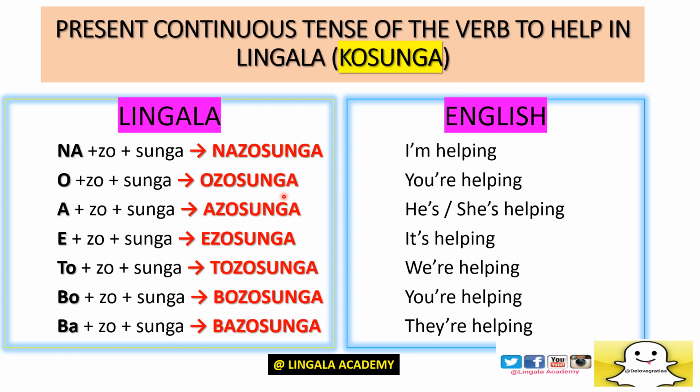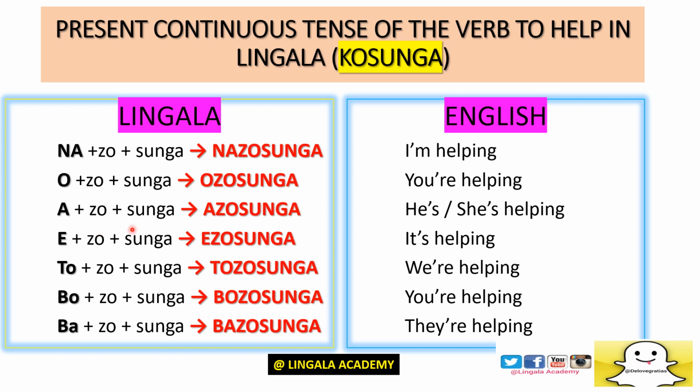Nazo sunga means I'm helping. Ozo sunga. O is you, zo is the verb to be, and sunga is the imperative form of the verb to help. Ozo sunga means you're helping.